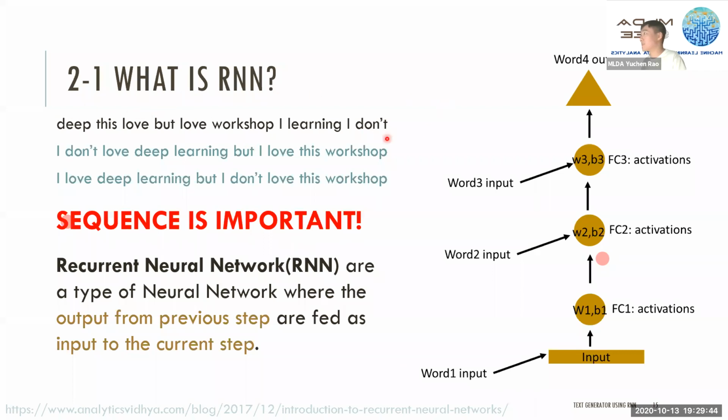From "deep", I put it in, and it goes through a layer here, which is W transpose X plus B, something like that. Then we get our activated result and go to the next step, where we get another word input, and just continue. So it can learn from the behaviors of the words in previous steps.